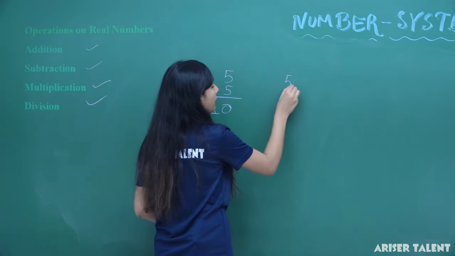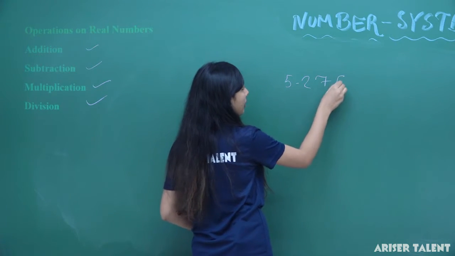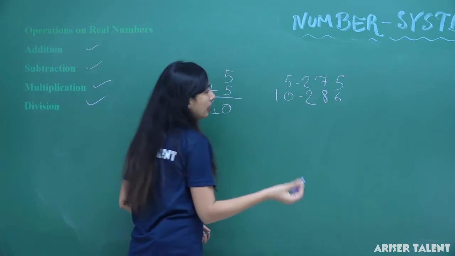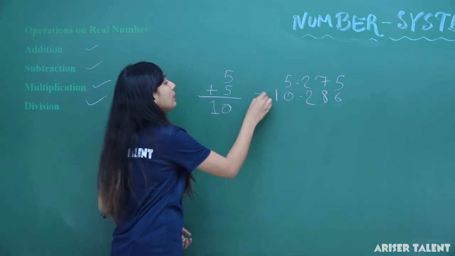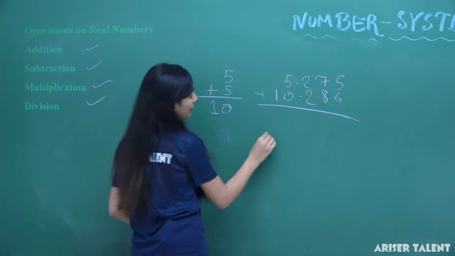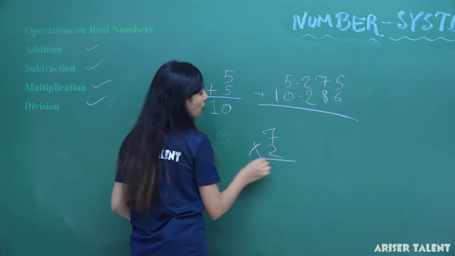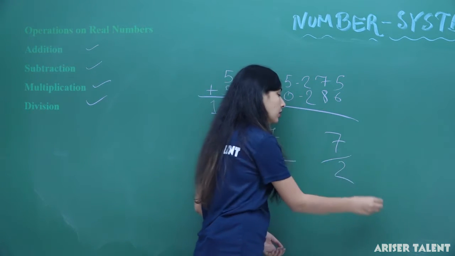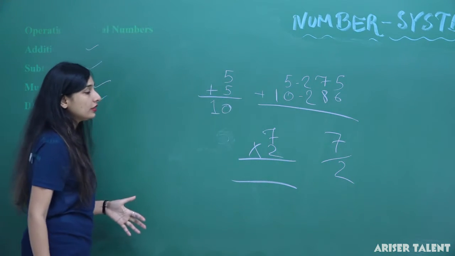Now I am not going to tell you to add 5 to 5 and get 10, or just to add 5.275 to 10.268, or to multiply 7 by 2, or I won't be giving you some division like 7 by 2. Okay, these are not the cases in this.